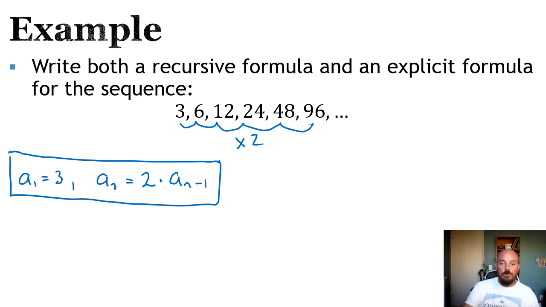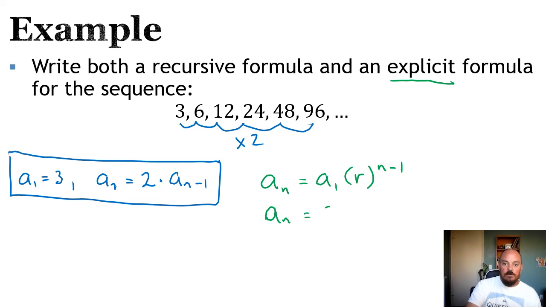Okay, now the second part of this question, I said, now let's find an explicit formula, which is what we did yesterday. Yesterday, we said to find a formula, for geometric, once we realize it's geometric, it's an equals a1 times r to the n minus 1. And a1 is 3, r is 2.